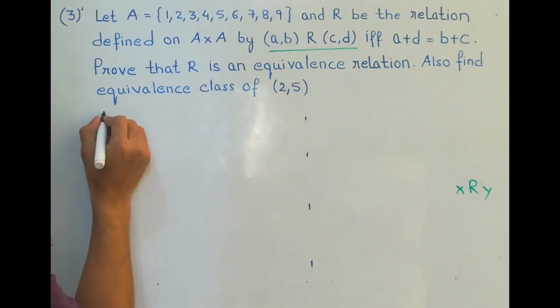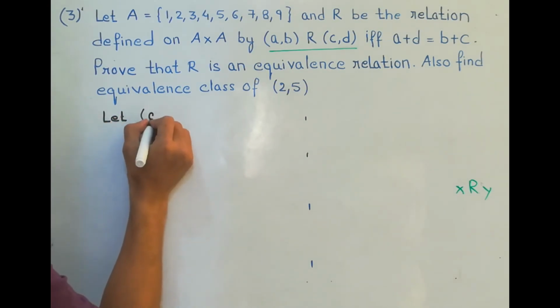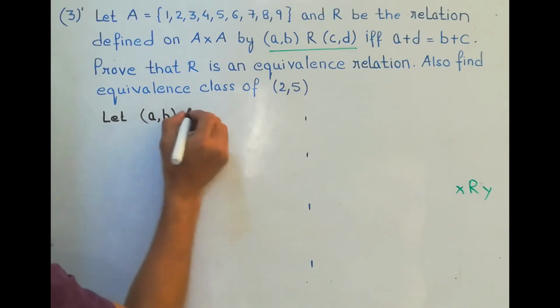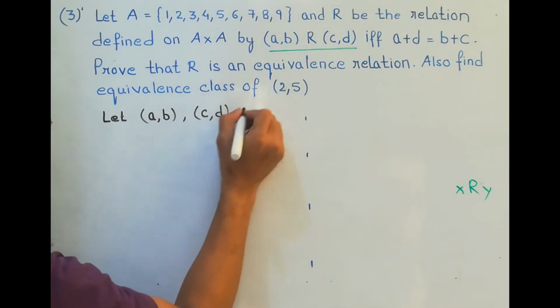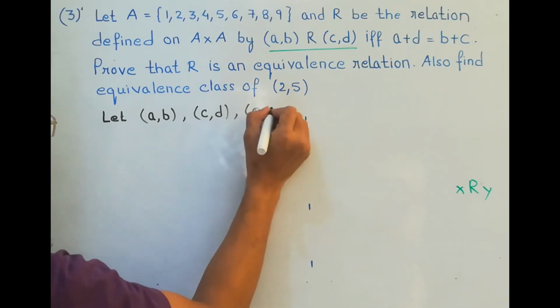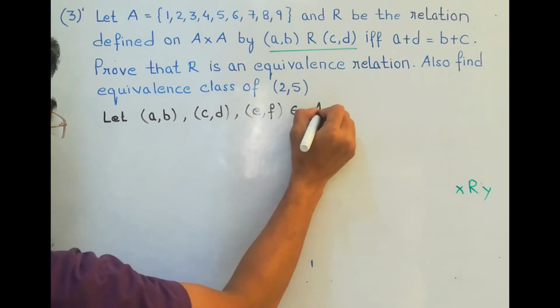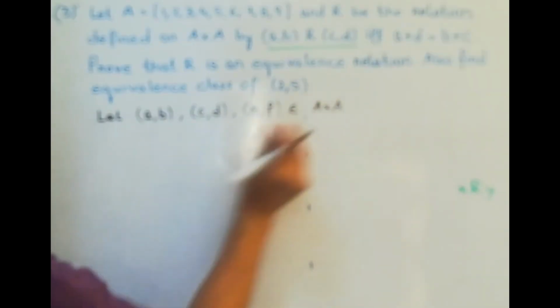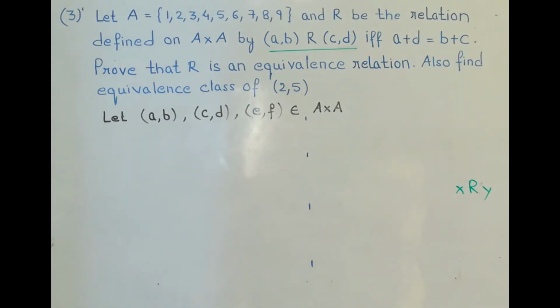Now those three elements we have considered belong to the Cartesian product A cross A. Remember, these three elements can be taken as x, y and z.